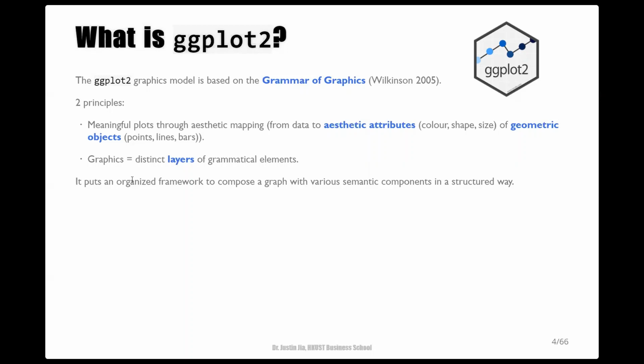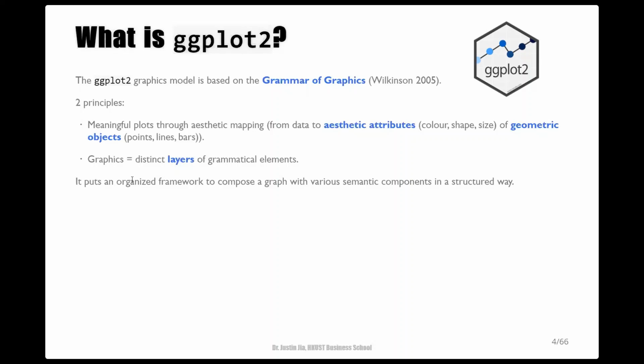So what is the grammar of graphics? Let's think of the grammar of a language like English. You have things like verbs, nouns, and adjectives. And you can put them together to form sentences.